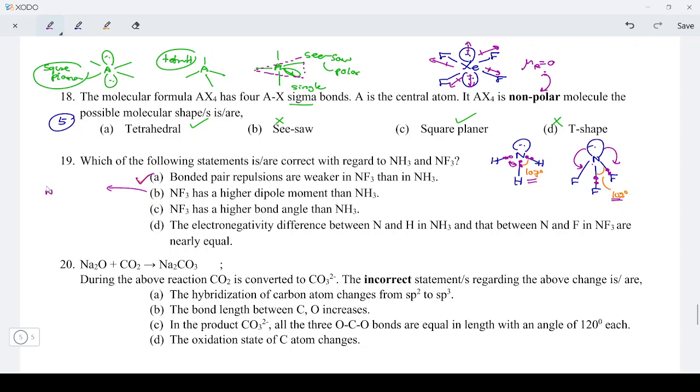It's true that fluorine is more electronegative, but once you draw the dipole moments, you will understand that's not possible. You can see the dipole moments are all scattered like this. Okay, so then the resultant is a lower value, a very low value. Okay, but if you consider NH3, let's draw it and understand.